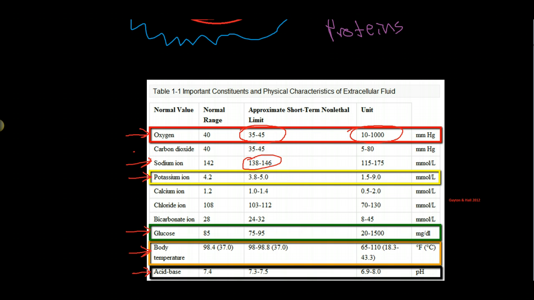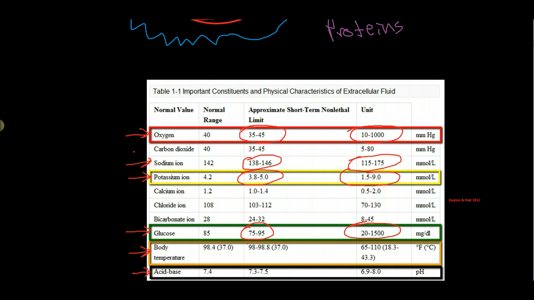Likewise, electrolytes have to be kept within a very narrow range. Potassium and sodium. And because cells can't go out hunting for food, they always have to be bathed in a solution that has a ready supply of nutrients like glucose. And the glucose has to be within a specific concentration or illness will occur.